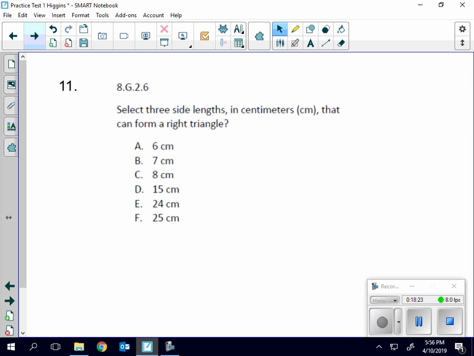All right, select 3 side lengths in centimeters that can form a right triangle. Well, this is like a multiple select, right? You have to select 3 of them that will create a right triangle. So a right triangle, we know the sides in a right triangle. This is something you should be writing.